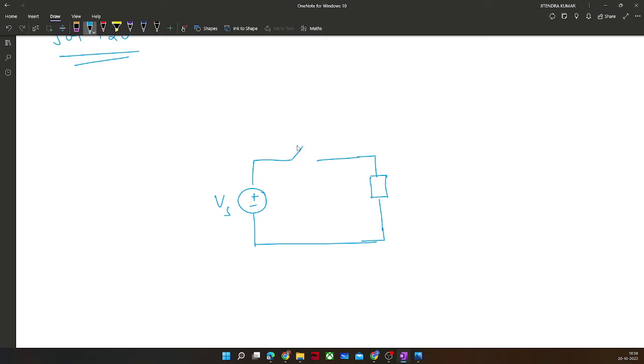So when this switch was getting closed, then you were getting V naught is equal to H1 Vs, right? So this is nothing but if you take the average, it will be dVs. You are getting a DC value, right?